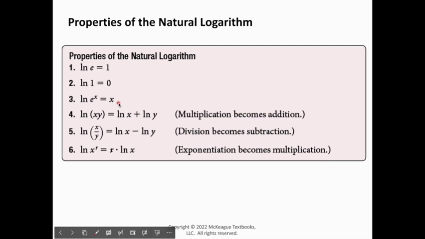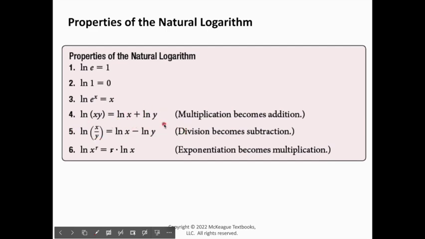Okay, properties 4 and 5. Again, these both stem from exponent rules. Number 4 stems from the product rule with exponents. The product rule with exponents says if you have the same base and you're multiplying, then you want to add your exponents. So if I have the natural log of a product, then I can rewrite that in an equivalent form as the sum of the natural log of x plus the natural log of y.